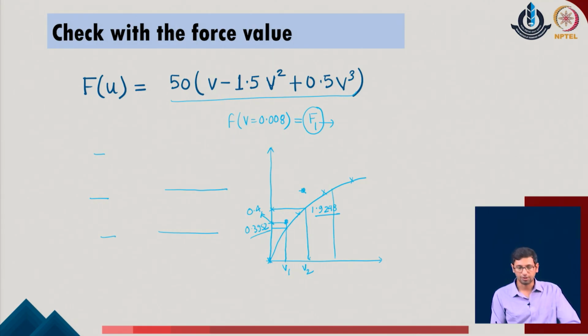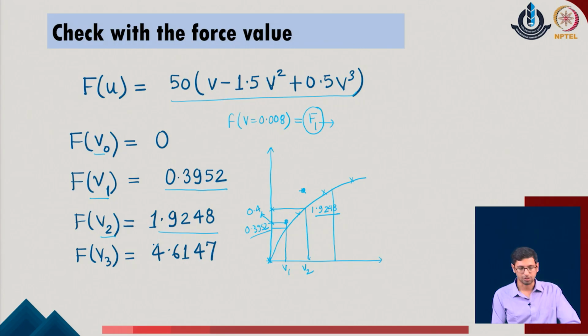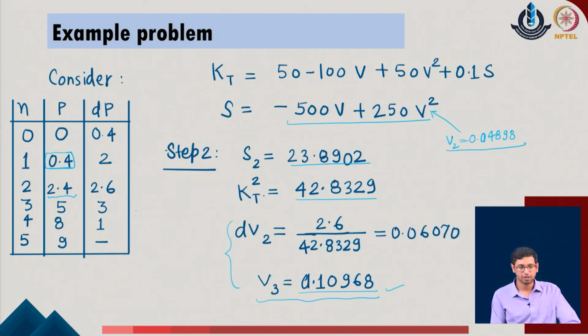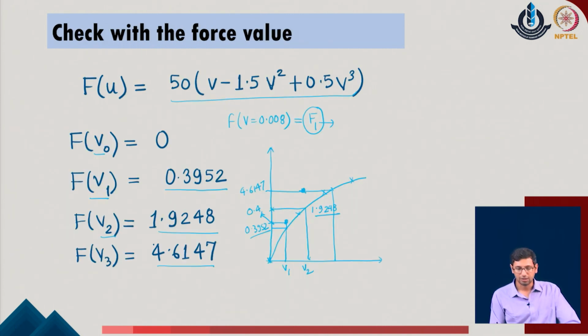Similarly, I go to V3, which is the third value of the given system, and corresponding to that I get the force value which is somewhere on the real parameter of the system, and that value comes out as 4.6147. But if I now look at the value which is actually there in the given system for the third point, it is 5 units, which means that the actual curve and the same displacement value of V3 will be located, not on the actual curve, but on the provided curve with respect to the given value, giving me a value of 5 units in the given system.